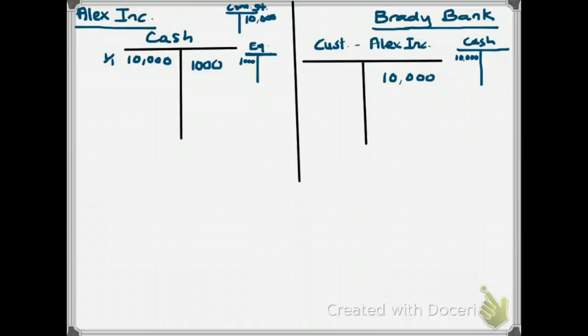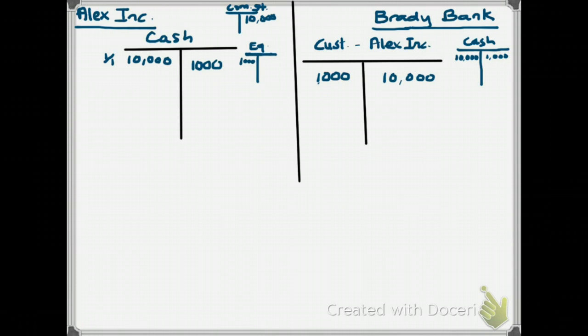Now, when that check hits Brady Bank, they will say, "Oh, Alex Inc. has paid $1,000. We don't owe them that $1,000. We will pay to the person they bought the equipment from." So what they are going to do, Brady Bank will debit $1,000 to the customer account.